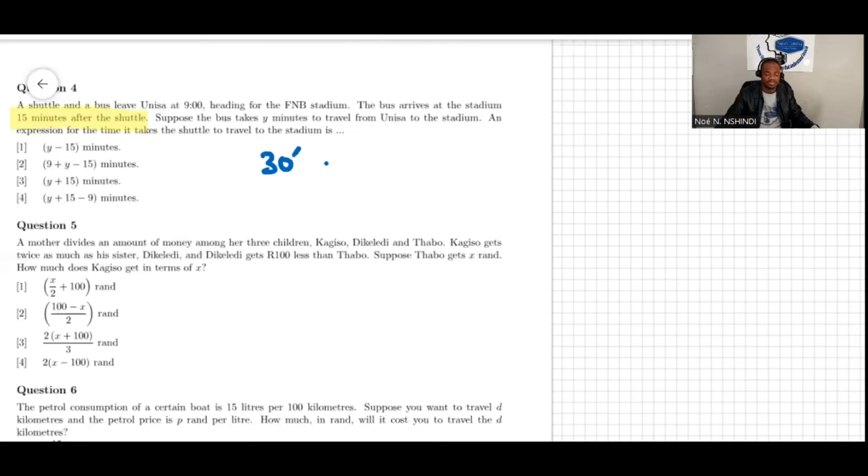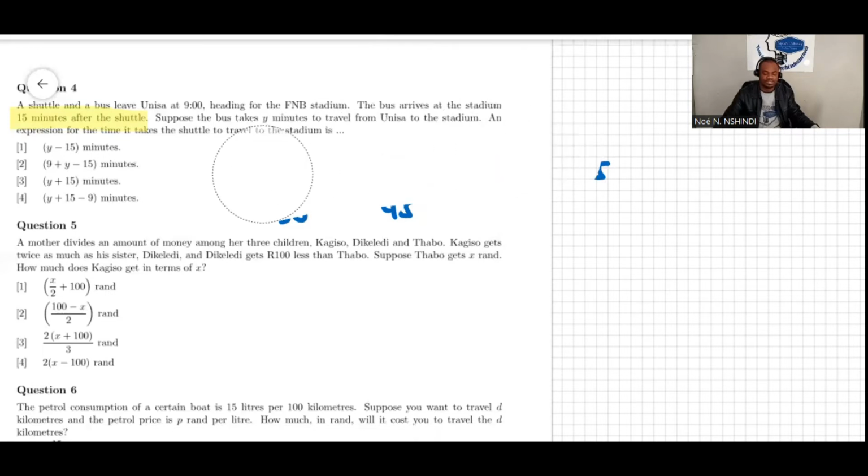So it takes the shuttle 30 minutes to reach the stadium, so the bus will be like 45 minutes. Or in other words, if the bus was 45 minutes, then the shuttle will be 30 minutes. So if the bus is like 60 minutes, then the shuttle will be 45 minutes. Okay, that's what it means.